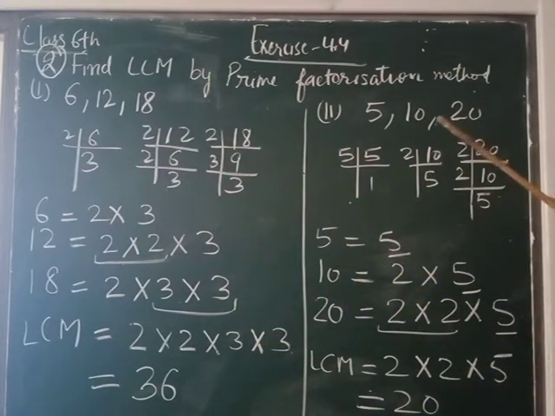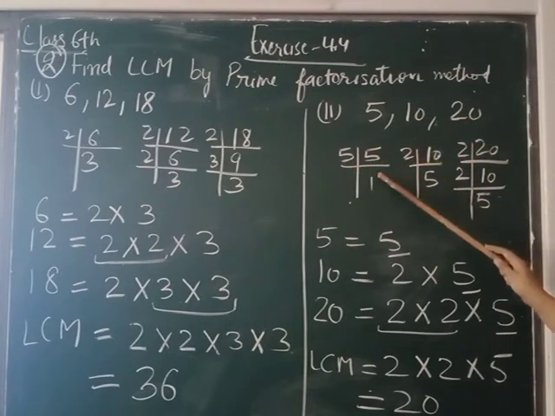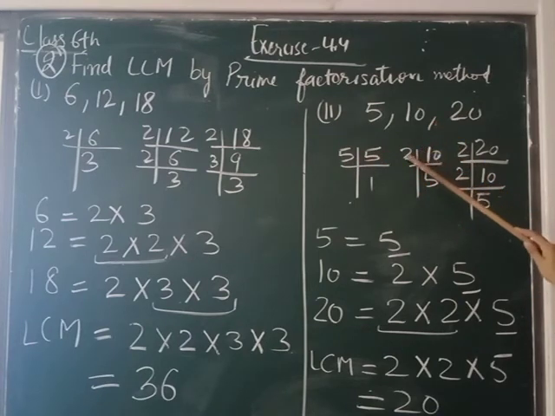I have done one more part here. Next is 5, 10 and 20. The factor of 5 is only 5, because 5 is a prime number and will not be divisible by any other number. Factors of 10 are 2 multiply 5, and 20 is 2, 2 and 5. Write in this form and now check which are the common numbers. 2 and 5 are common. Which is the maximum power of 2?